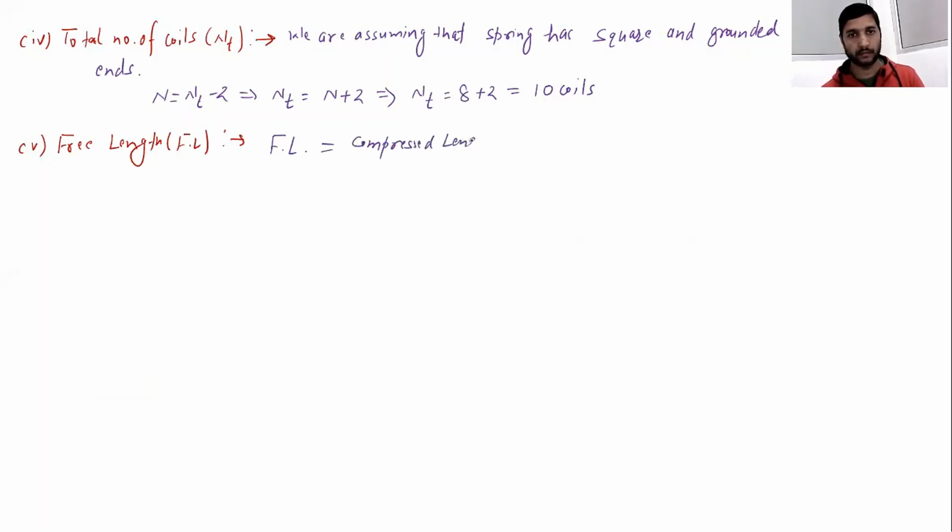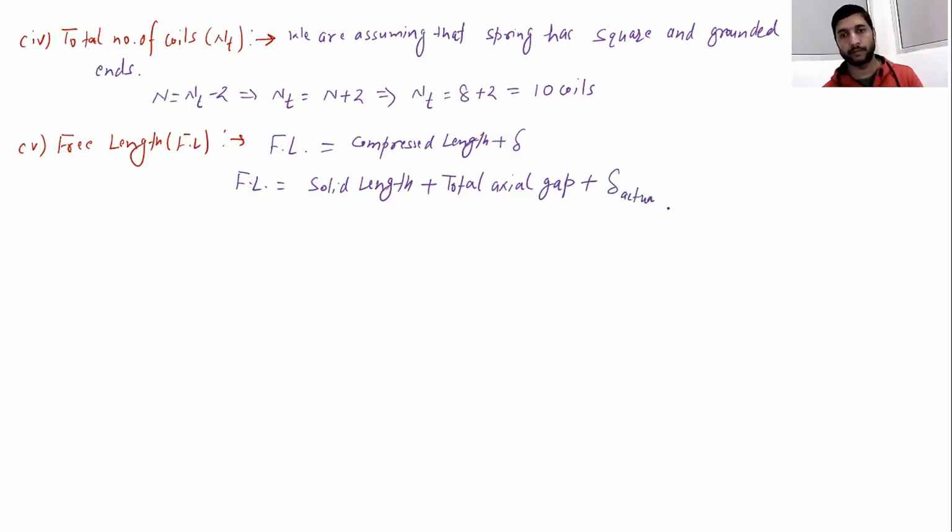And we can further write this as solid length plus total axial gap plus deflection, and this deflection will be actual deflection, not approximate. Remember this thing. Deflection should be actual. So now from this equation, let us say it is equation number 2, we will find out the free length.